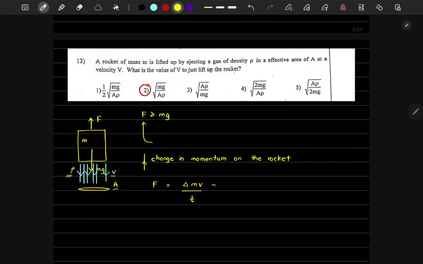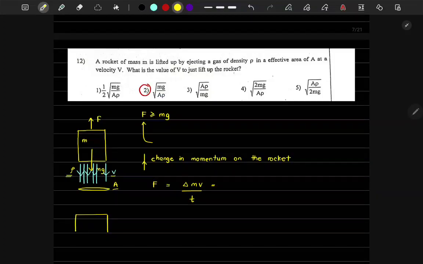Now the direction of the lifting force is upwards because there is change in momentum of the gas downwards. If so, there should be a reaction force acting on the rocket upwards. Let's consider something like this.